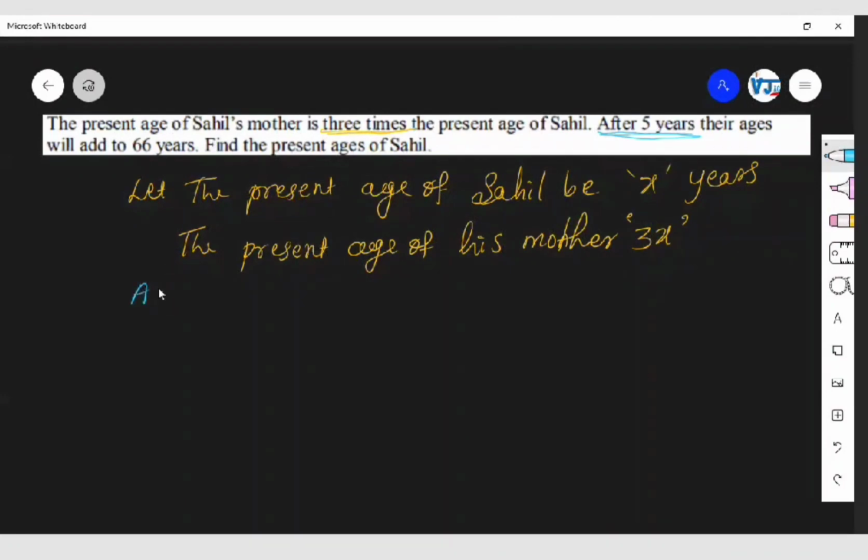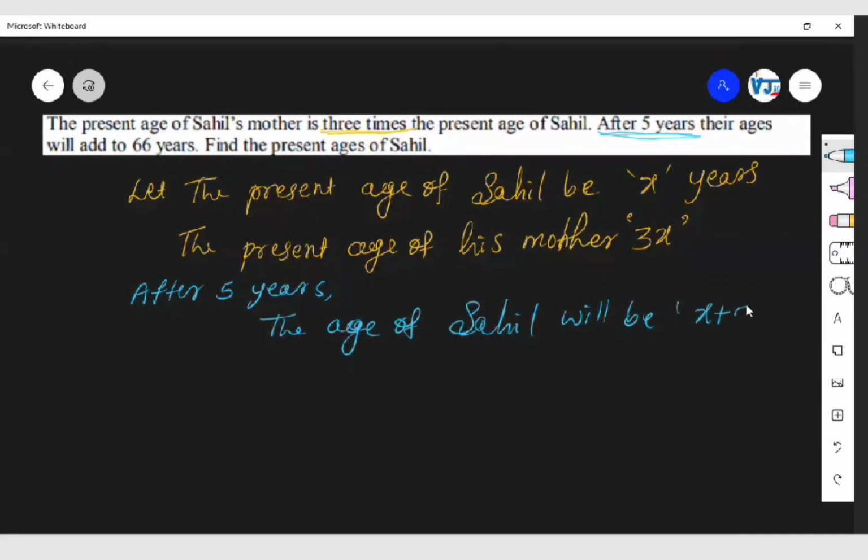After 5 years, the age of Sahil will be x plus 5.